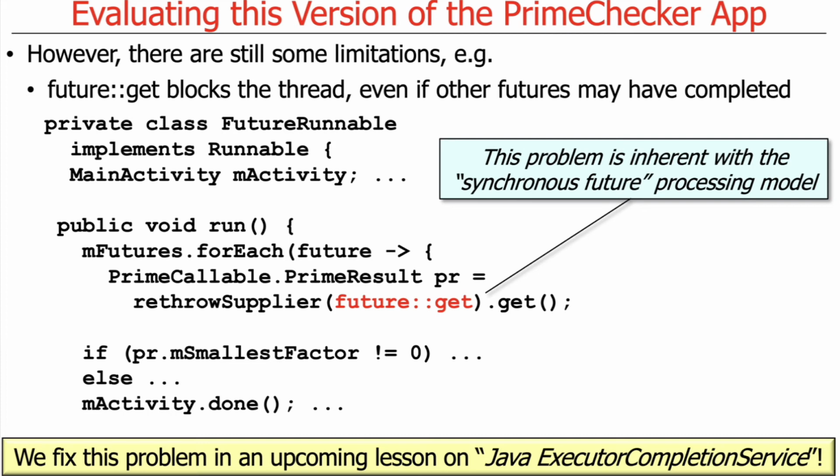I'm not picking on soccer players, that's just what you put in minivans these days. So bottom line is, if you could instead get the results as soon as they finish, some people would get their service a lot faster. But this model, the synchronous future processing model, waits in the order of submission, not the order of completion. That's the key distinction to remember.